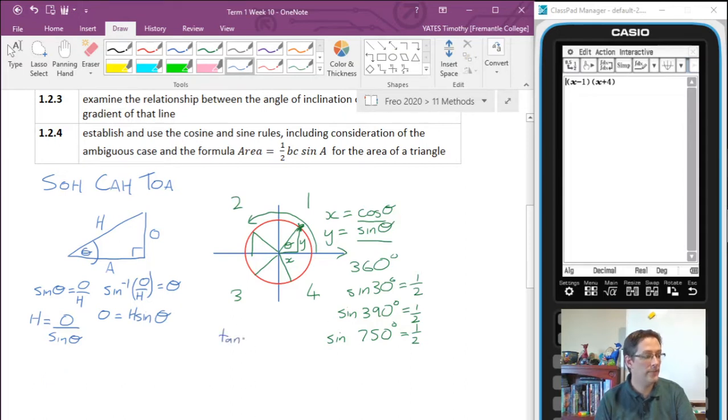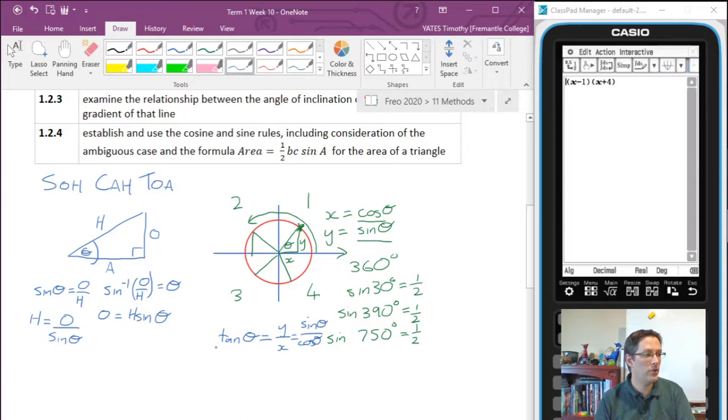So tan theta is, remember, according to SOHCAHTOA, opposite over adjacent, which is going to be y over x, which is actually sine theta over cos theta. That's actually the definition of what tan is.